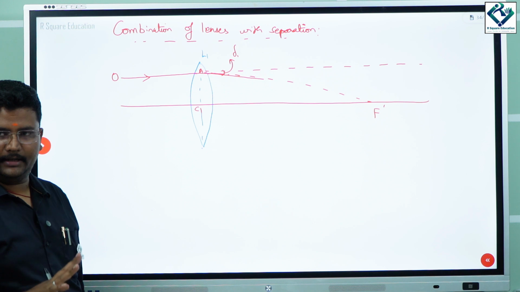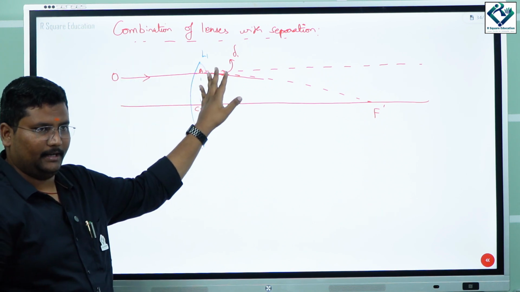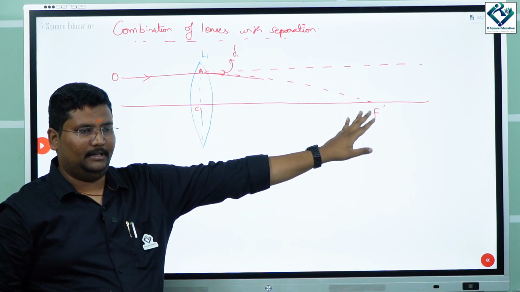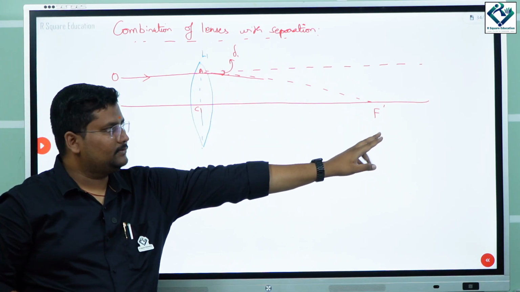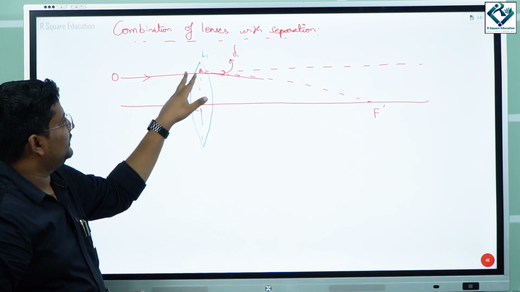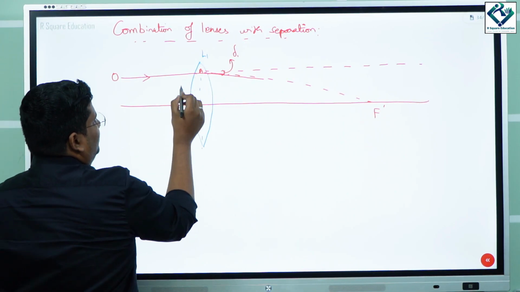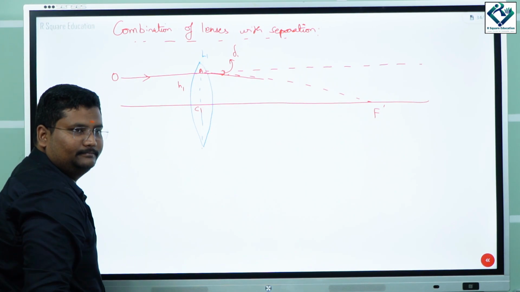Are you clear with this? First lens நான் வந்து light rays parallel pass பண்றேன். It is going to converge at some point, which we call the principal focus of the first lens. Okay வா? So இப்போ இதுல angle of deviation எவ்வளவு இருக்கு? delta 1 ன்னு இருக்கு, and let AC1 have a height of h1.